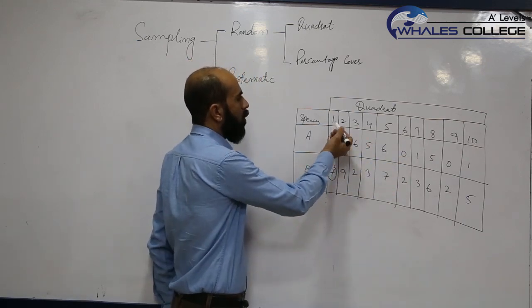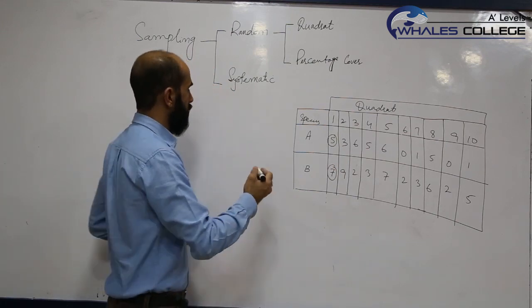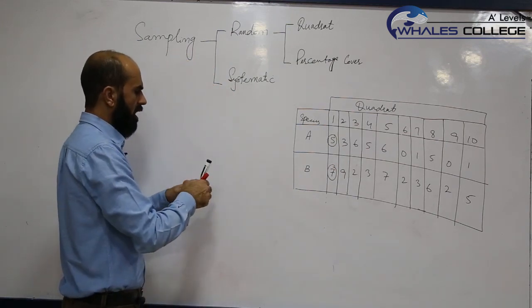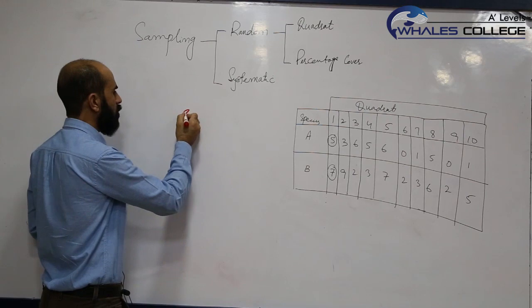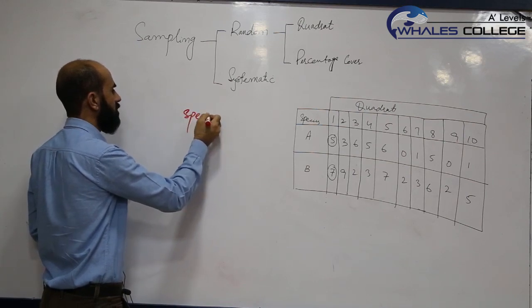So now we want to calculate the species frequency. How can we calculate the species frequency?